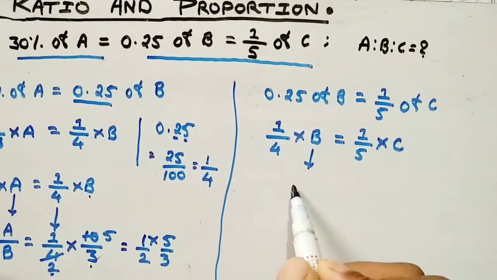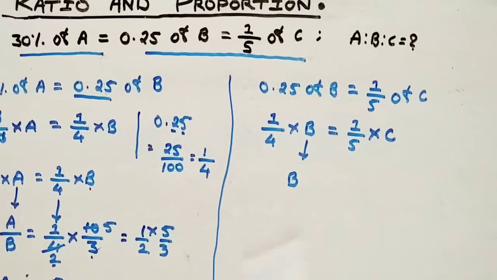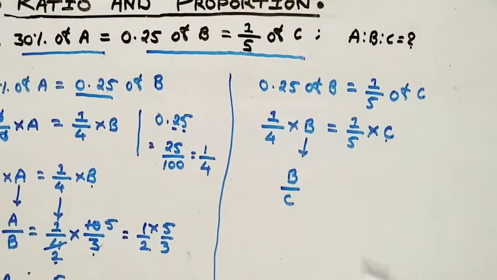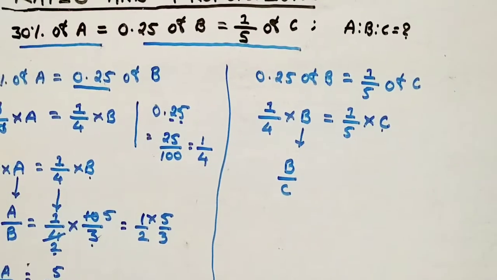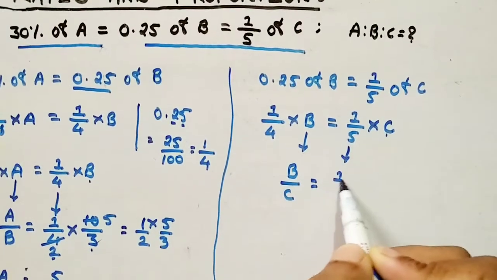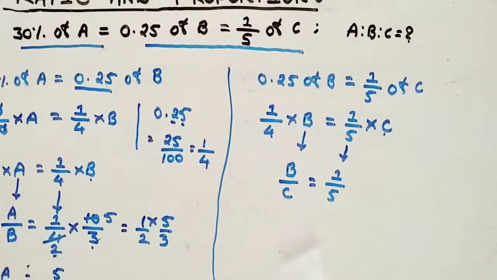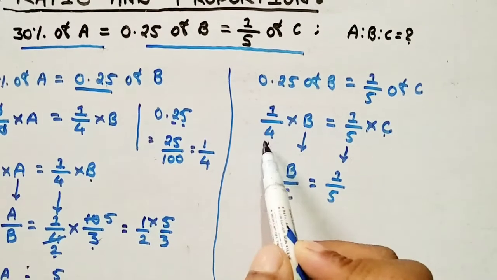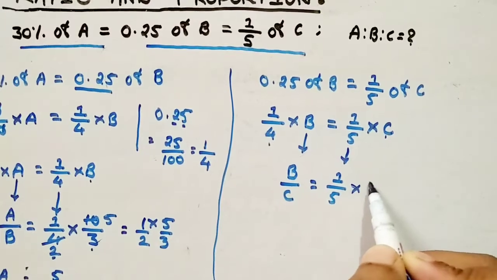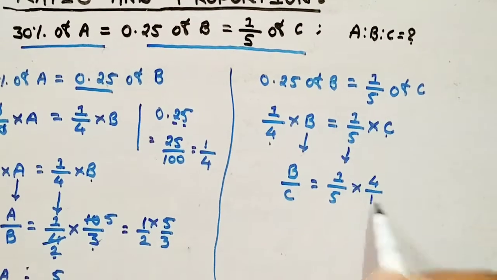So student, B as it is and C moves to the left side, then multiplication converts into denominator, and 1 by 5 as it is, and here 1 by 4 moves to the right side, then 4 by 1.